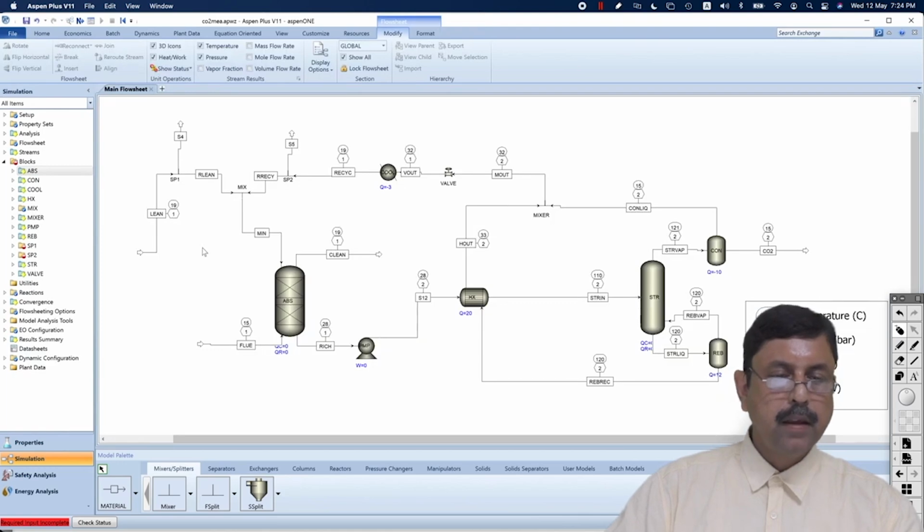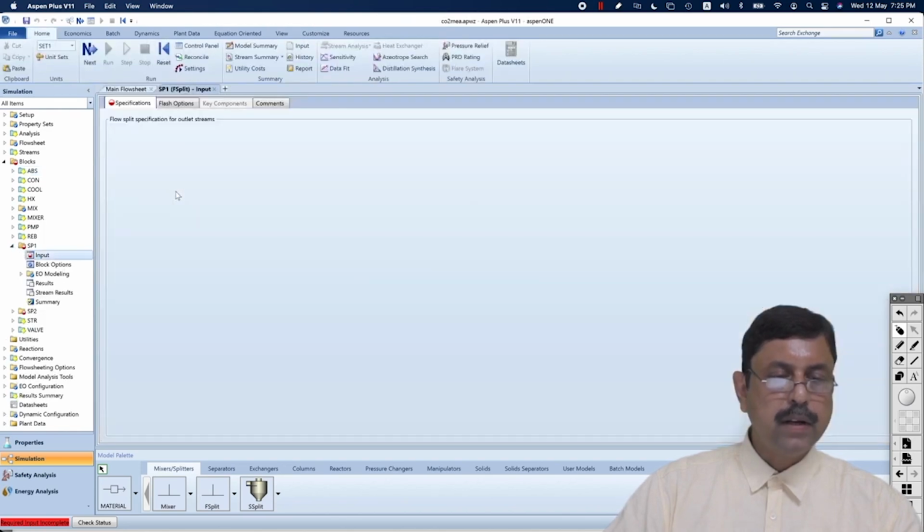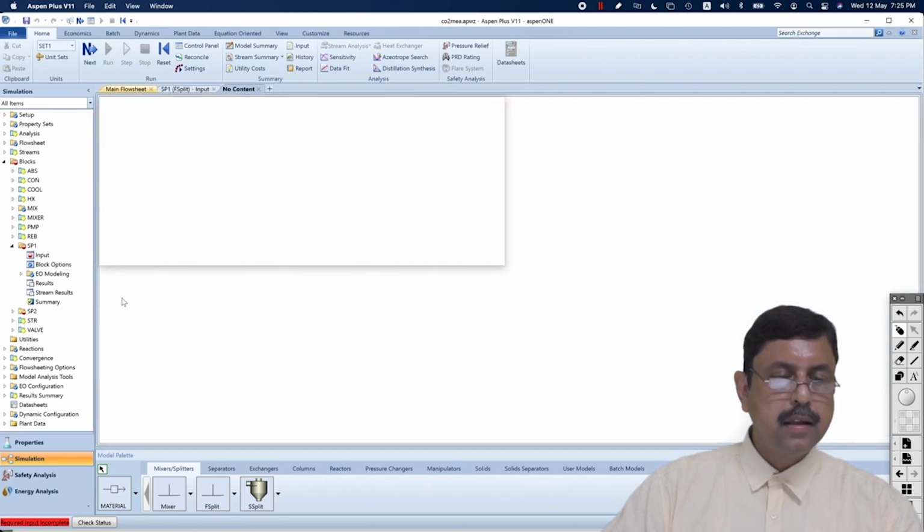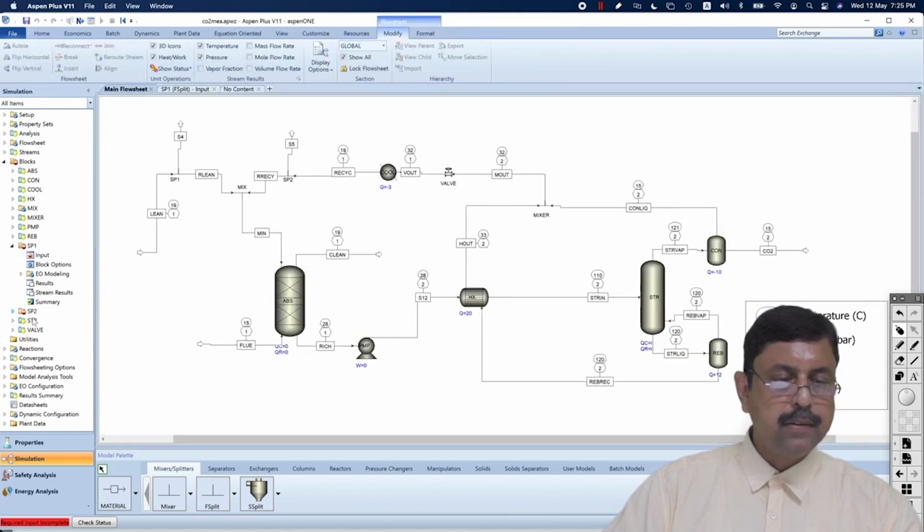Okay. Now we have two blocks to fix. First one is the SP1, that is the block over here, and second block is SP2.